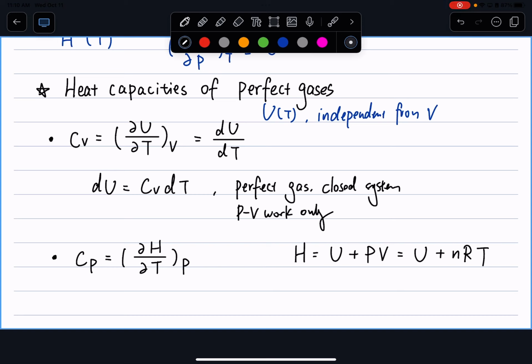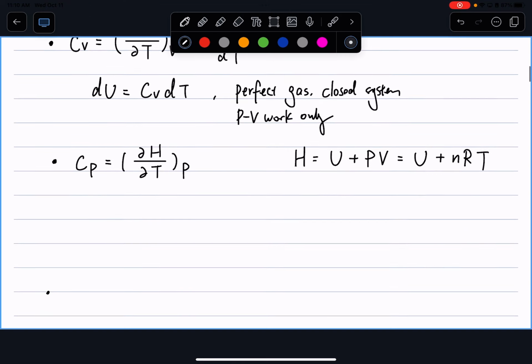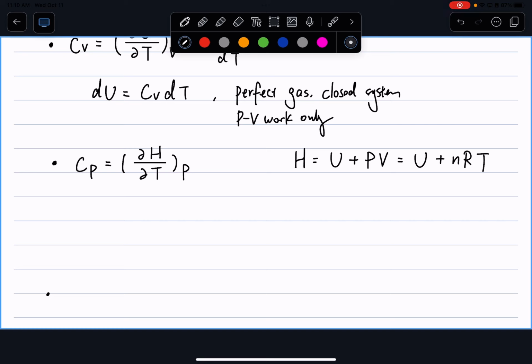Likewise, we can do the same thing for the CP, which is the heat capacity at constant pressure. That equals the partial derivative of enthalpy over temperature at constant pressure. But because we know H is independent from pressure, we have dH over dT. And here is why it's independent from pressure, just another layer of proof. H by definition equals U plus PV, and for ideal gases, your PV equals nRT.